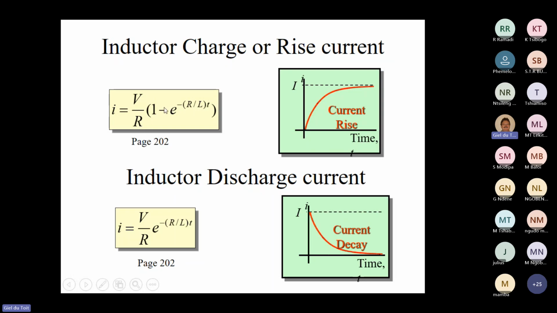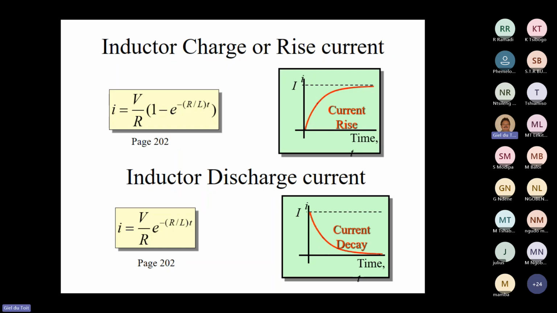So for the charge current formula, the current is on the vertical axis and time is on the horizontal axis, just like with capacitors. And we've got this E curve. We call it an exponential curve, which is e to the power of minus t over tau.